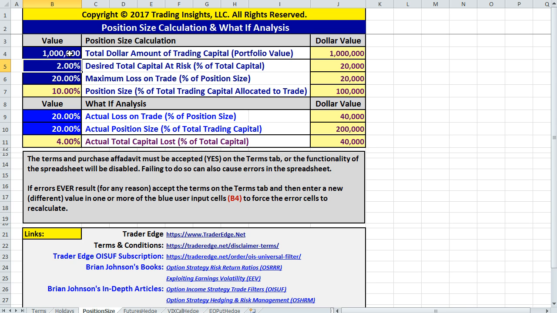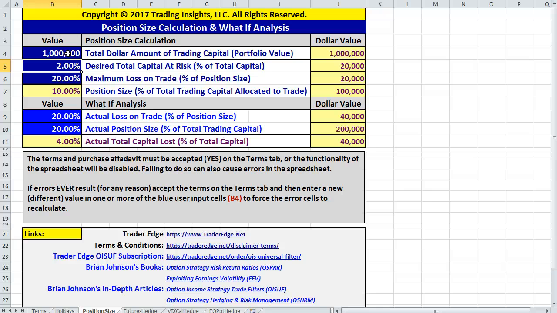So now you'll notice that by entering the value 1,000,001 and then returning it to a million in cell B4, I was able to force all of the remaining cells to recalculate and get rid of that word value in the calculated cells. Now let's continue with the definitions.